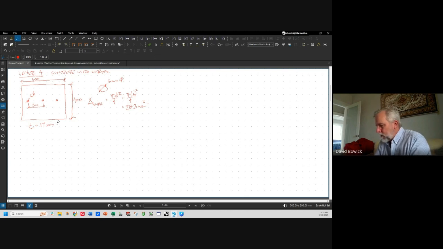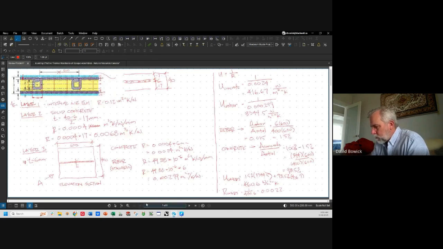Now, when you get good at this, I'm going to go back and we're going to remind ourselves what layer we're talking about. We're talking about this layer here. That's layer 4. Right? And you can see we got a rebar. There's our bar coming through.